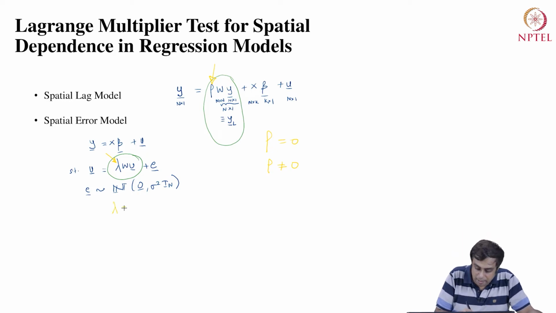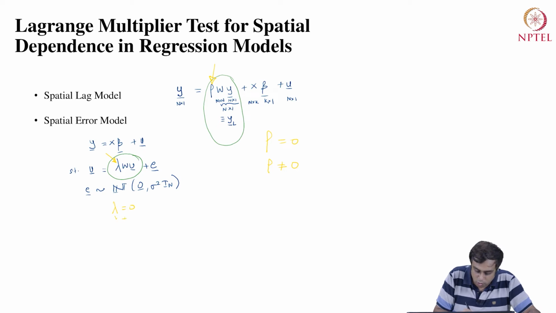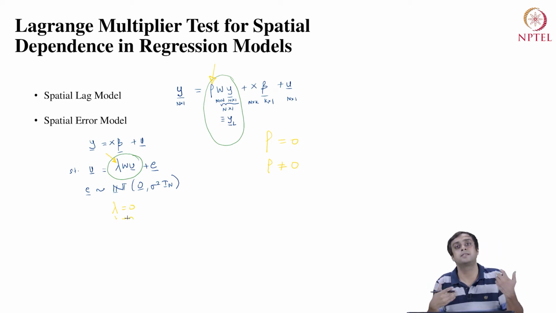Similarly here, if lambda is equal to 0, I can go back to my traditional analysis, something I knew of regressions before I studied spatial regressions or spatial statistics. And if it's non-zero, then everything that we have studied in this course kicks into action.